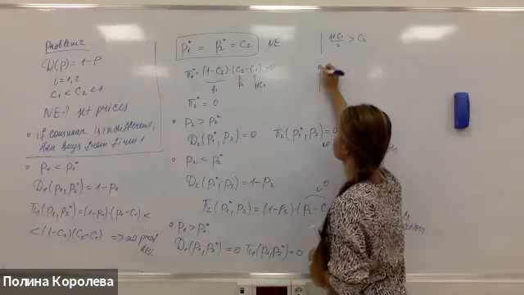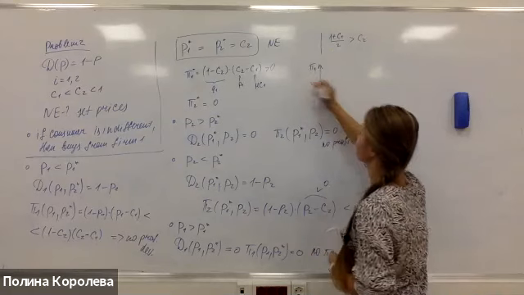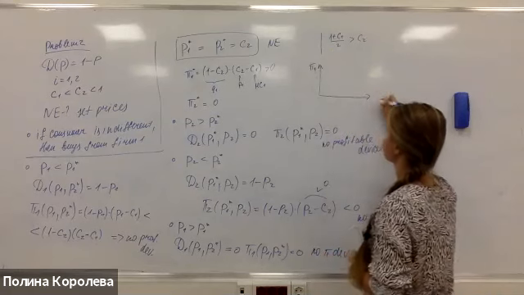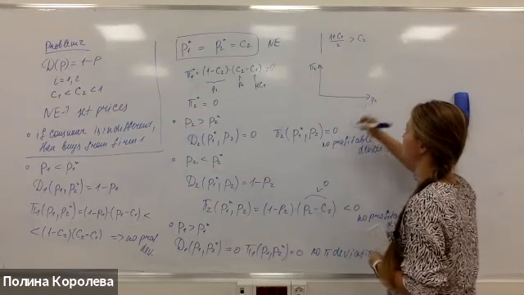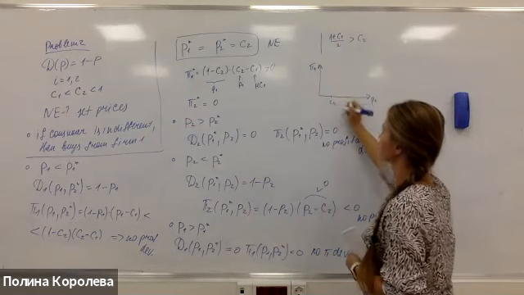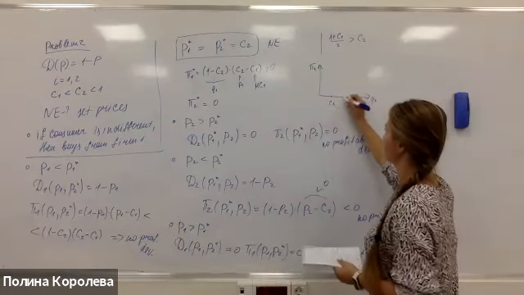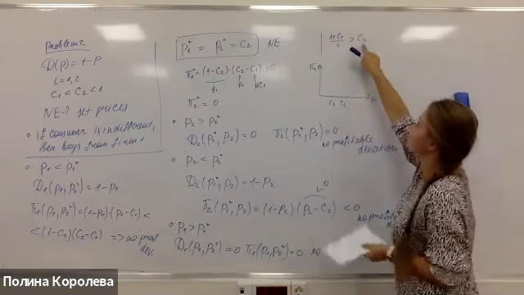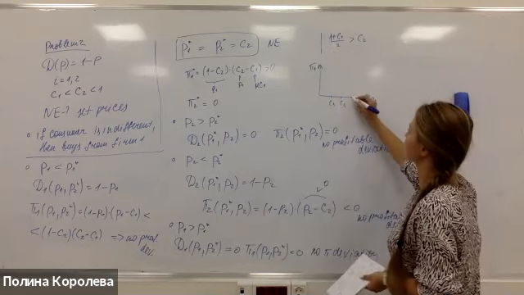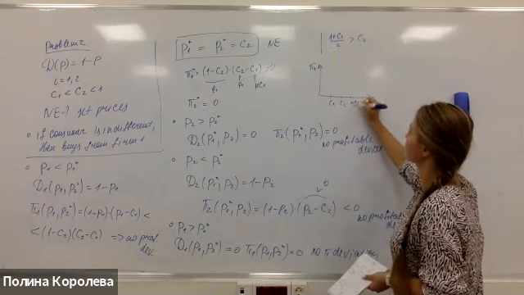For example, this is the profit for the first firm. Here, price, C2, C1, C2, and we see the monopoly price, (1 plus C1) divided by 2.